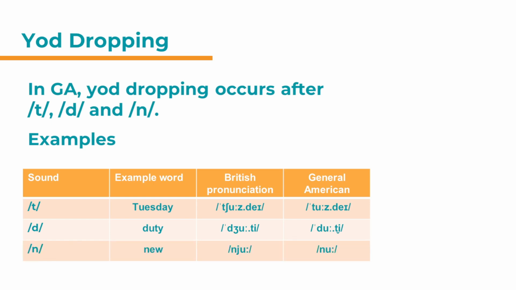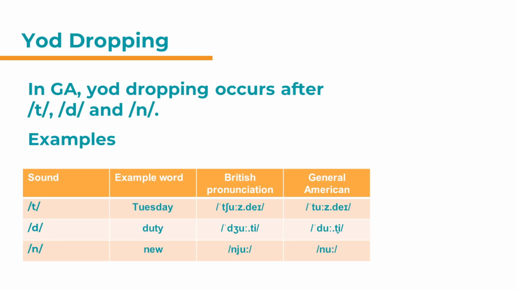And one more example for the sound n. We have the word new. So here, obviously, there is no Yod coalescence in British English because it's n. So new is RP. And for General American English with Yod dropping, new.